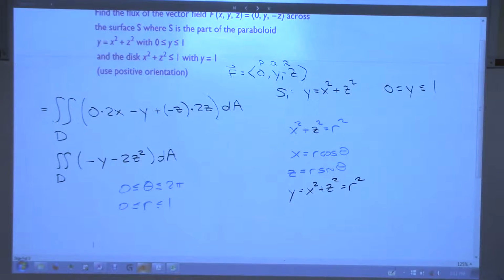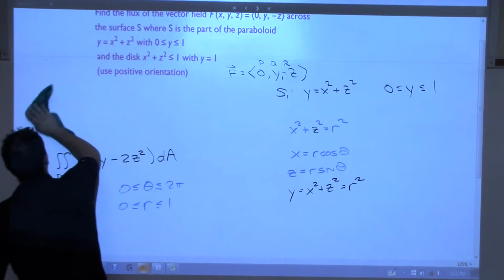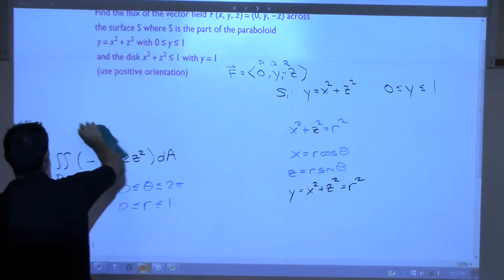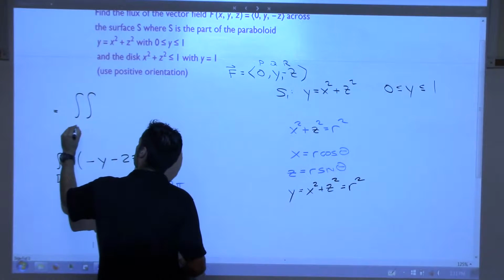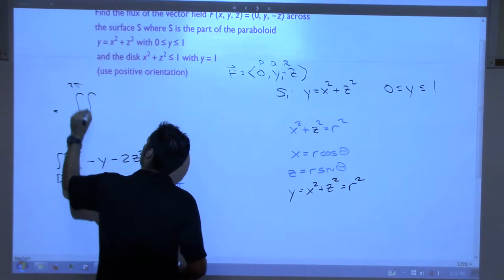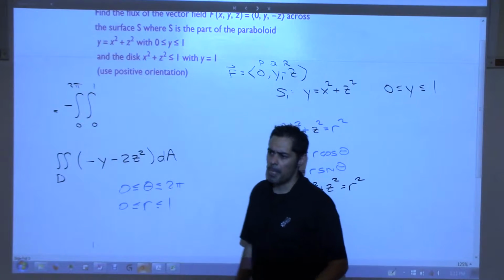Understand? So rewrite this now. This integral should turn into, now I can put some limits of integration. How about we go 0 to 2 pi and 0 to 1. Let's pull that negative out, that negative that was in here.